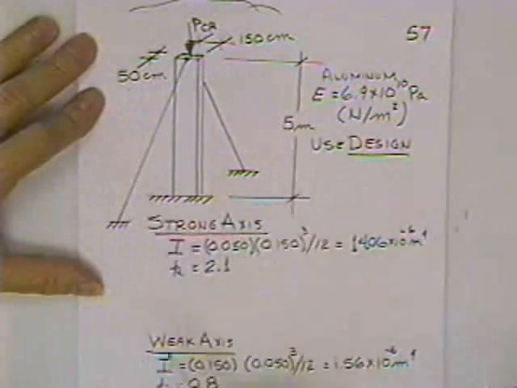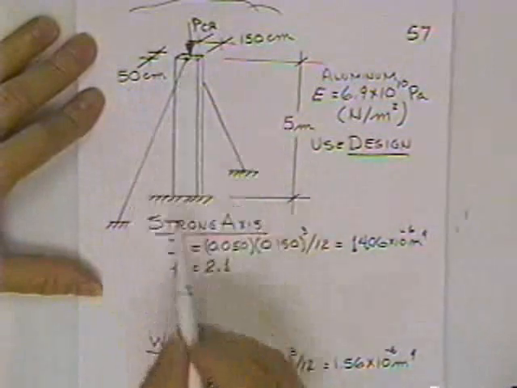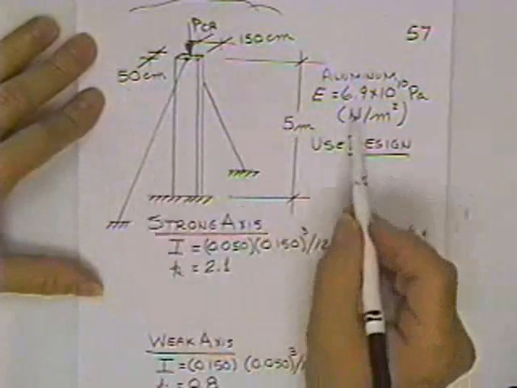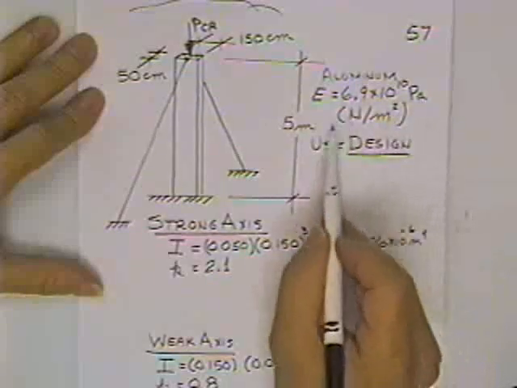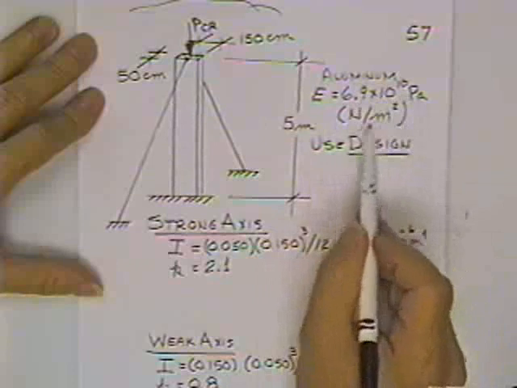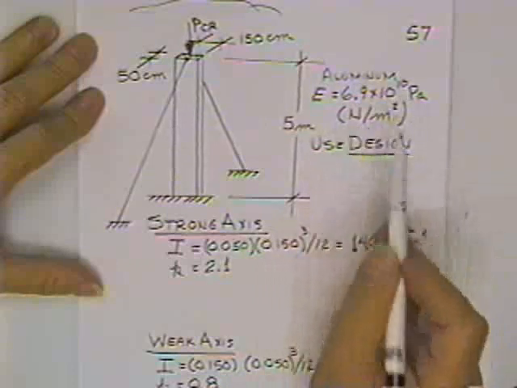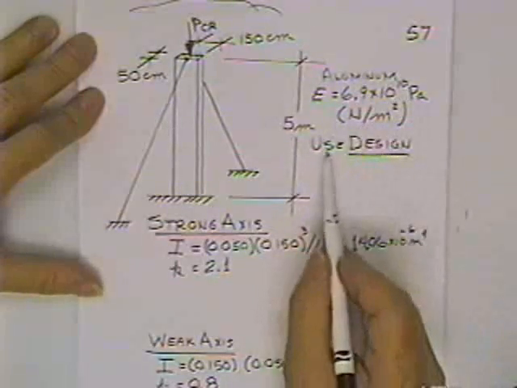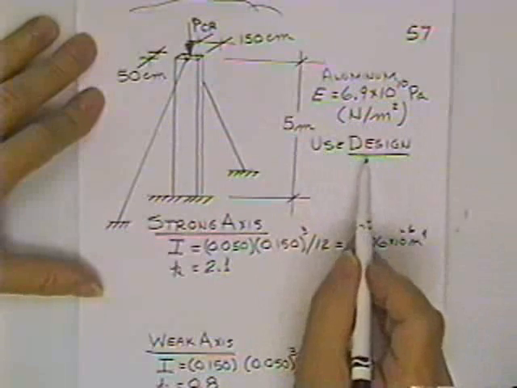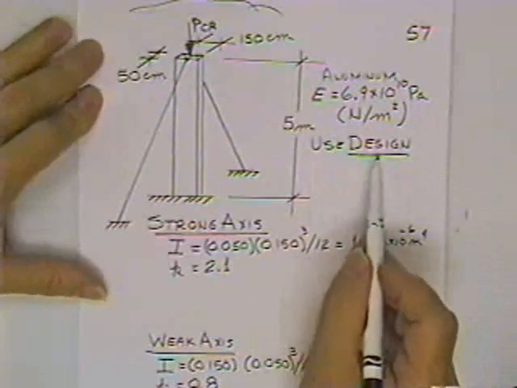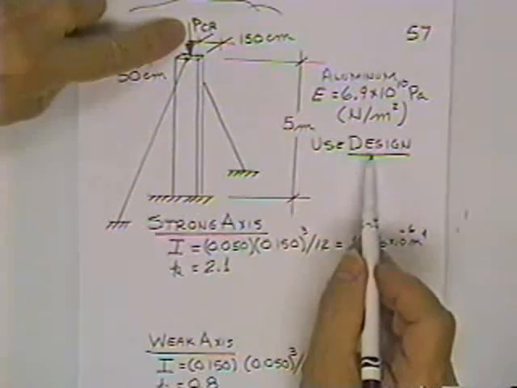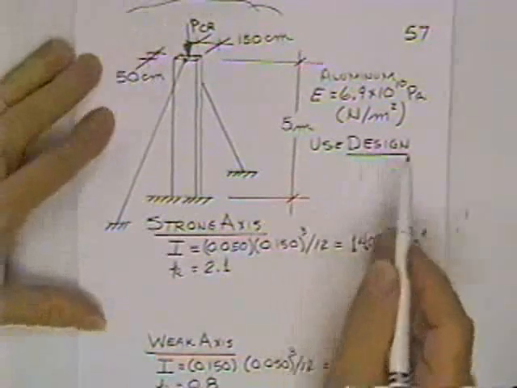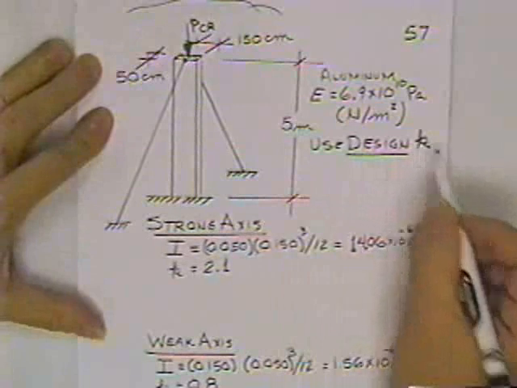Stands up in the air 5 meters. It's solid. It's made out of aluminum. I got this 6.9 times 10 to the 6 pascals, which is 6.9 times 10 to the 10th newtons per square meter, right out of your book. I'm telling you that I don't want a theoretical number. I want to really go build it. And so I want to know how much really will cause failure. So use design K values.